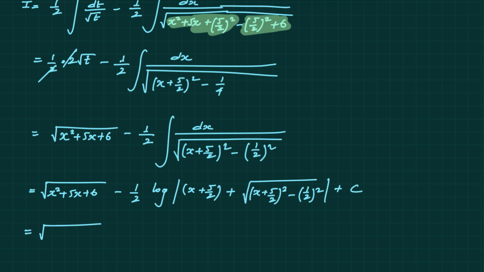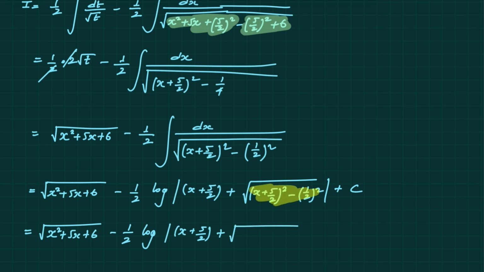So the final answer will be square root of x square plus 5x plus 6 minus 1 by 2 log of x plus 5 by 2 plus square root of, if we simplify this, then we will get back the same thing, that is x square plus 5x plus 6, plus c.